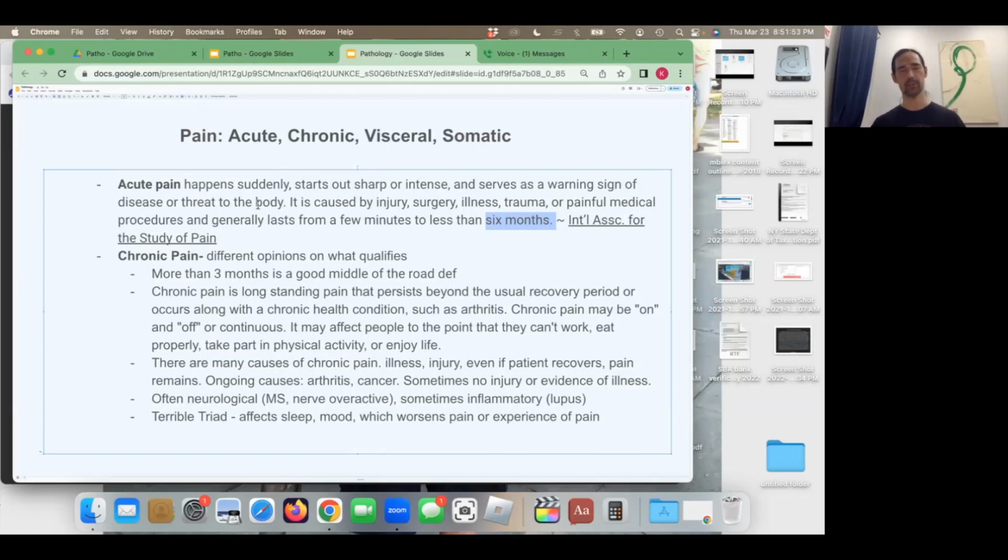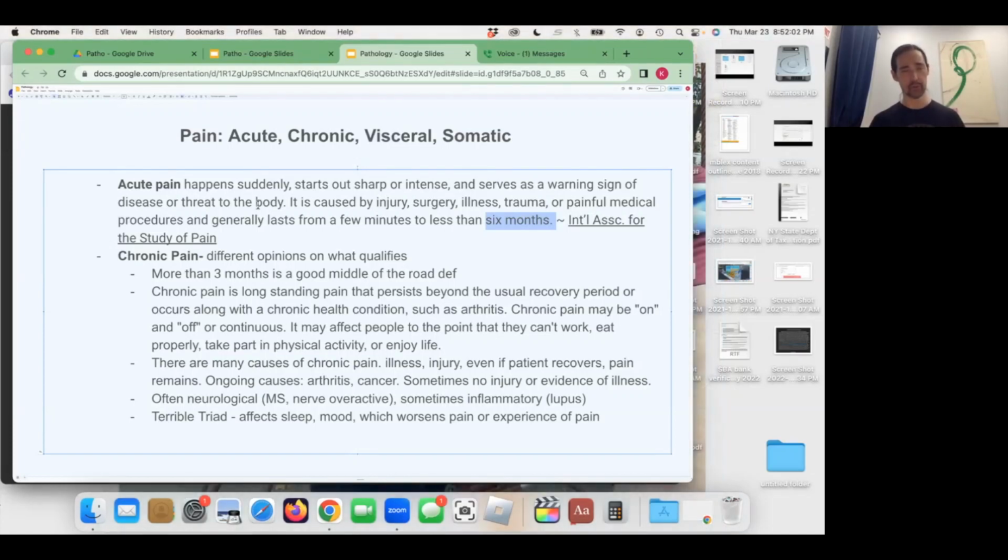Acute has more to do with the onset being quick or sudden, and also being discernible, and the duration being shorter. With chronic pain, the onset can often be slower, gradual, more insidious, like you don't really see the pain coming, and then it develops and increases, and then you become aware of it. It happens that way sometimes with chronic pain.